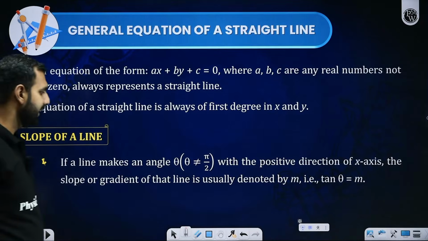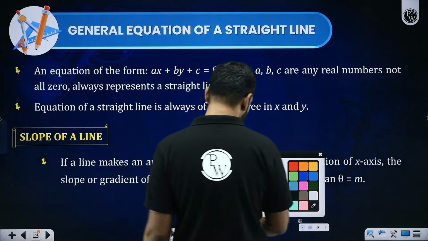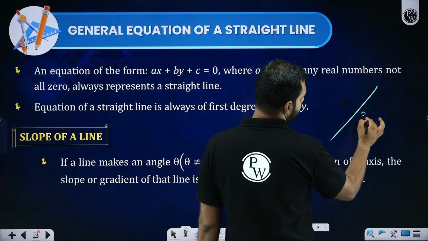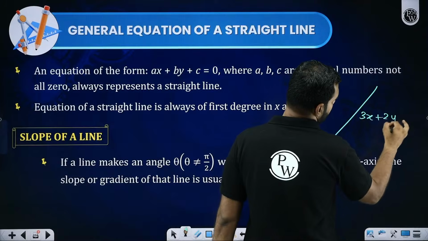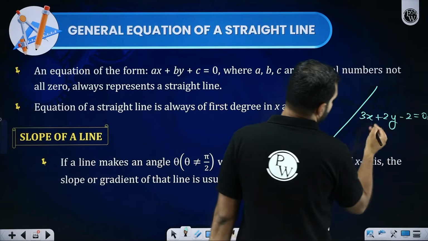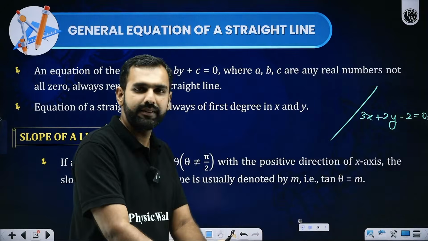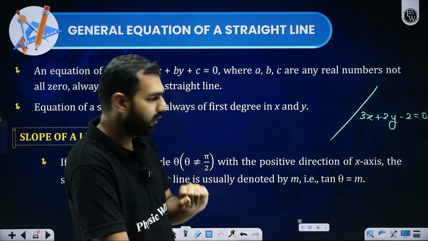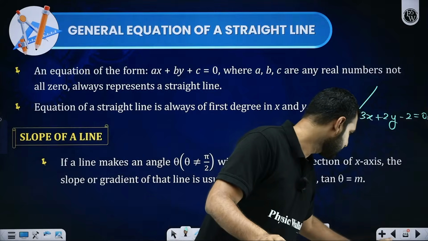Now, when we talk about a straight line, let's say there is a straight line given by 3x plus 2y minus 2 is equal to 0. A linear equation in two variables x and y represents a straight line. Simple, straightforward.